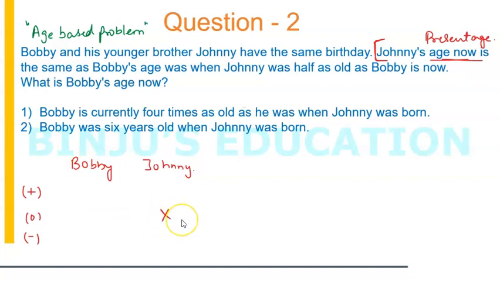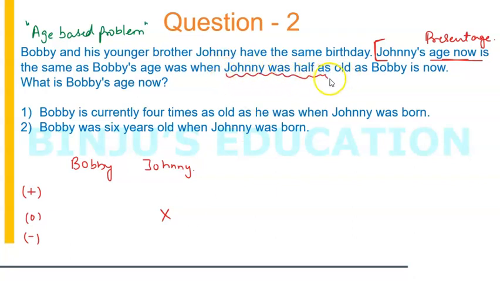Let's try to fill in the matrix as much as we can. Johnny's age now, which we have considered to be X, is same as Bobby's age when Johnny was half as old as Bobby is now. So let me solve this part first.